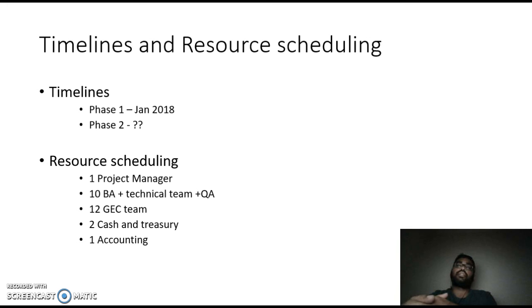The first phase is by the end of January 2018, and the second is January of 2019. As we know, the first phase is already over, and we have achieved half of the issues. Now we will be more concerned with phase 2.